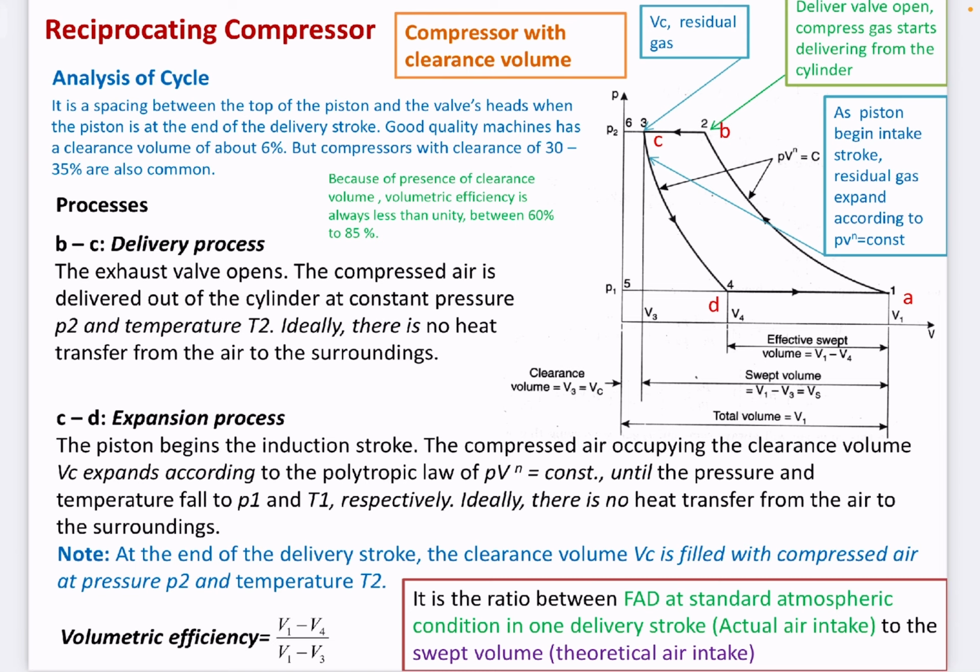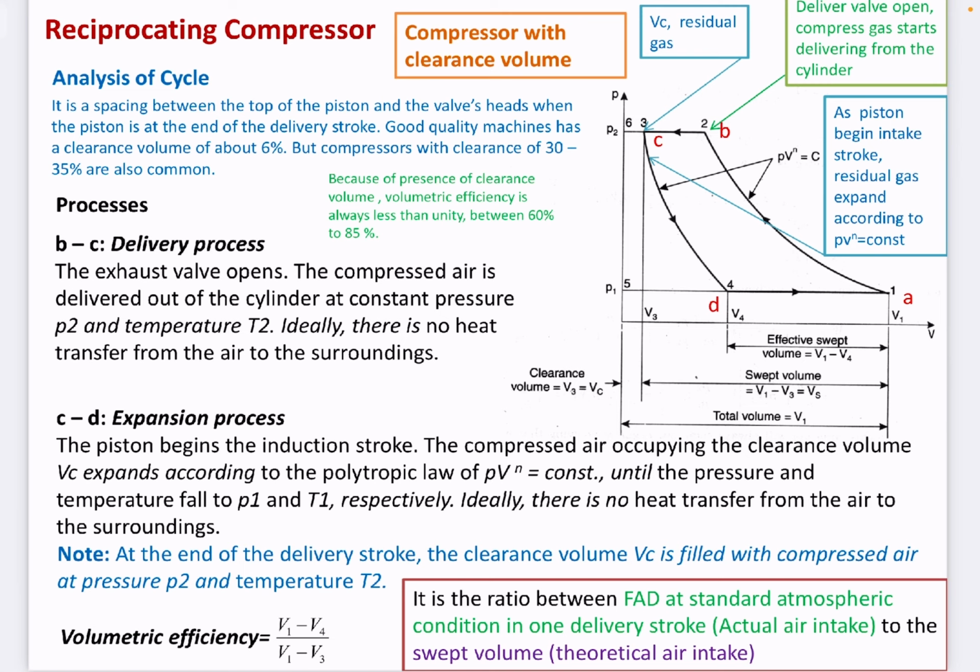Because the actual or effective volume sucked in can happen only when the pressure drops from the delivery pressure P2 to the suction pressure P1, right? So this volume, as you see from the pressure volume diagram, that is VA minus VD, the effective volume, or V1 minus V4.